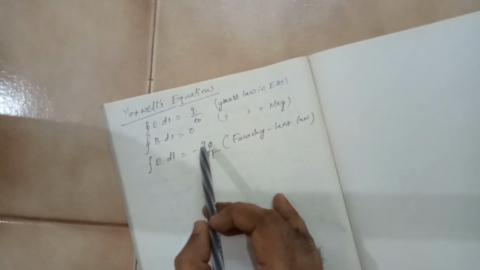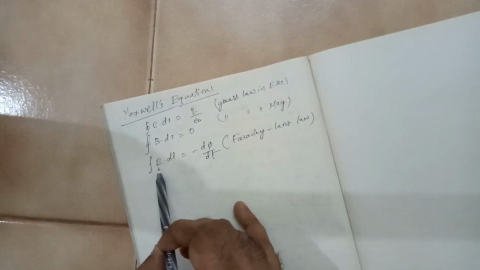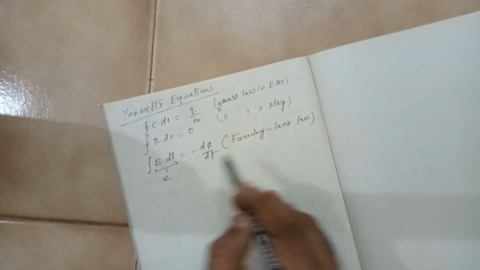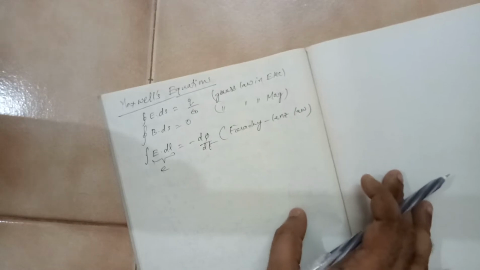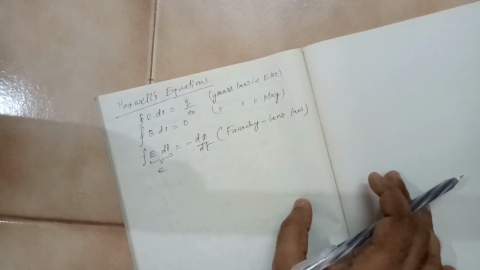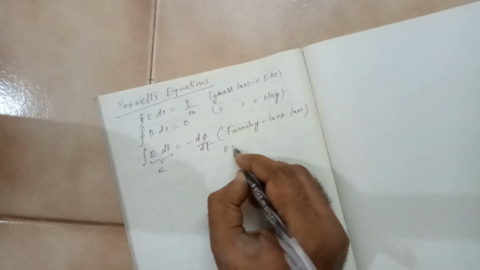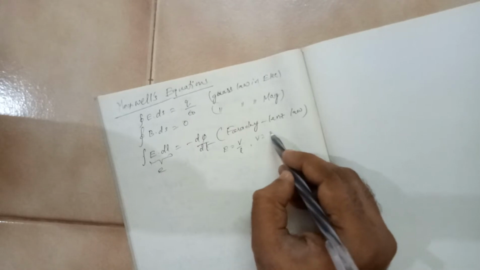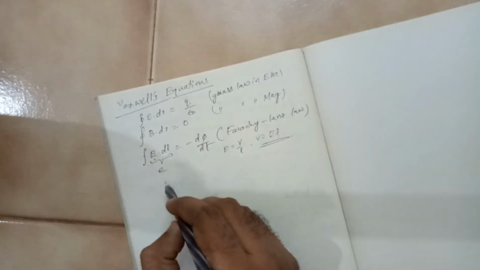You can see here the time varying magnetic field is giving rise to electric field. This is induced EMF. E is equal to V by L. Remember, potential gradient. So V is equal to EL, induced EMF.